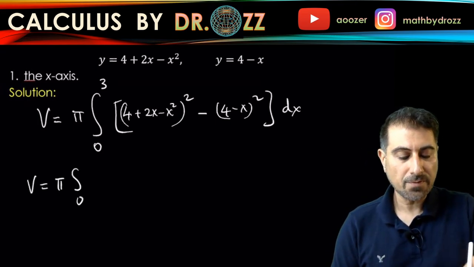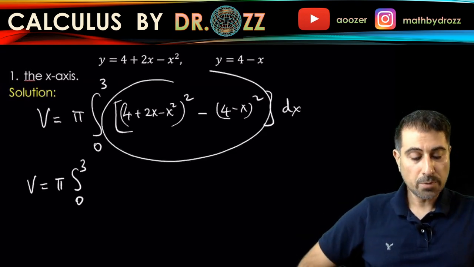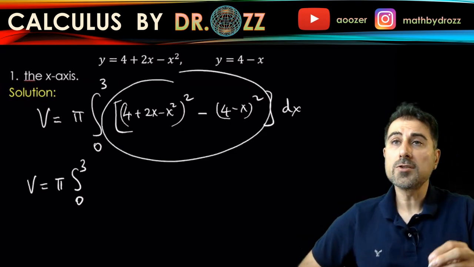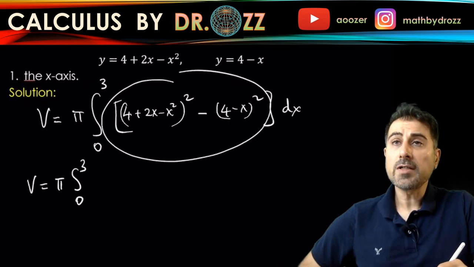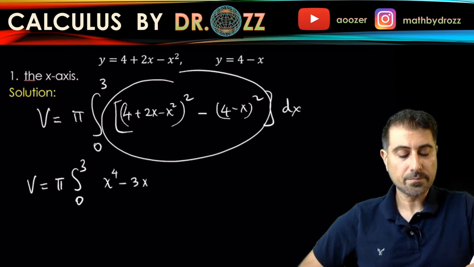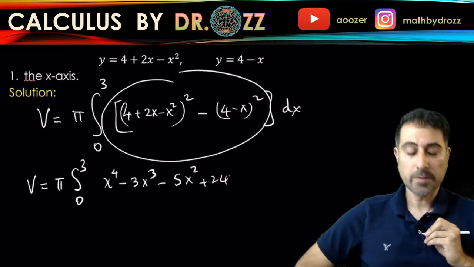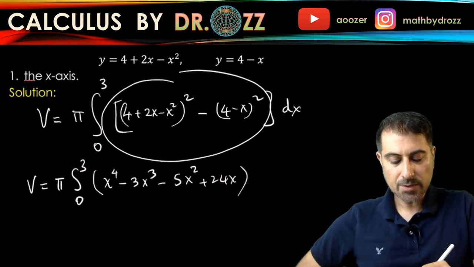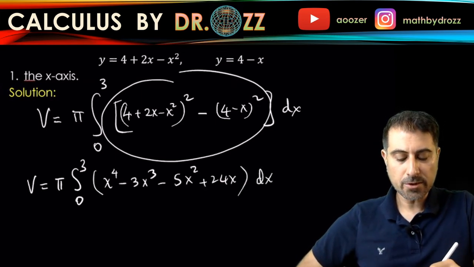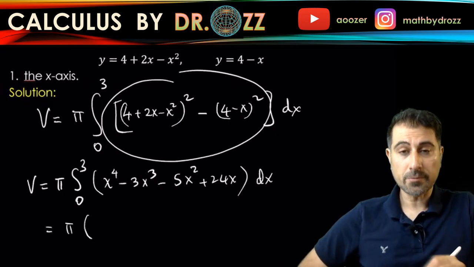If I simplify the difference of two polynomial terms here, let me just write it down right away. You can pause the video and work through that by yourself. And this is kind of nice because you can use the power rule for integration now, towards using the fundamental theorem of calculus.